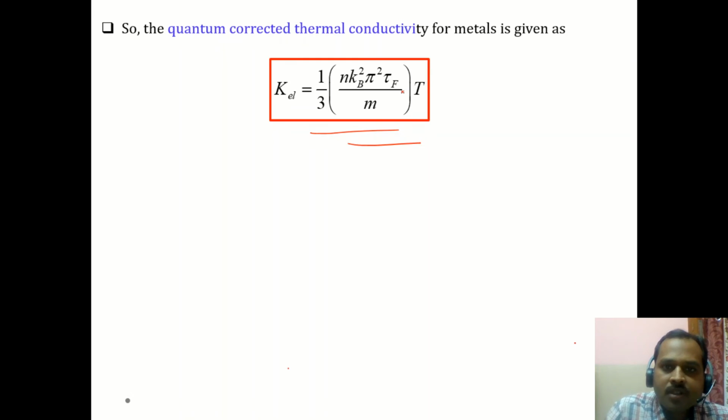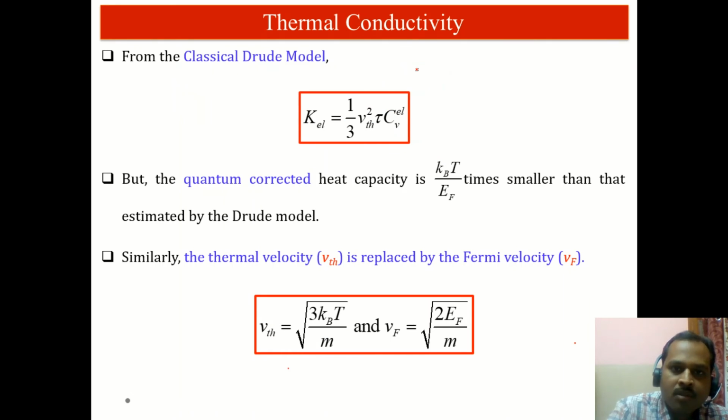So here we can see that this tau has also been replaced. Earlier it was only tau, whereas in the quantum correction we have to replace it with tau f. So here I forgot to mention this tau also has to be replaced with tau f.